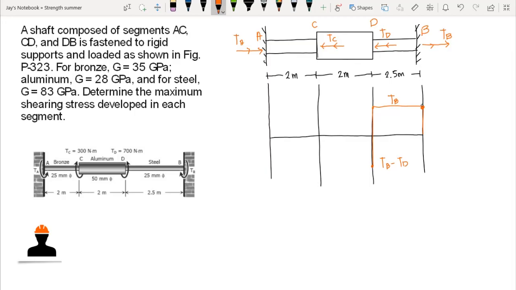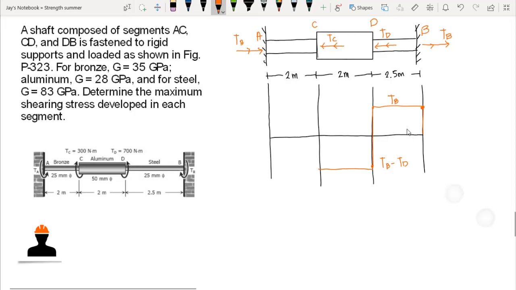But we do not know yet whether TB minus TD would be at this point or above it, since we do not know yet the value of TD, whether TD is greater than TB. If TD is greater than TB, then the point would be below the reference line. But if TB is greater than TD, then our diagram will just end here. Let's just assume that TD is greater than TB, so our diagram is below the reference line.